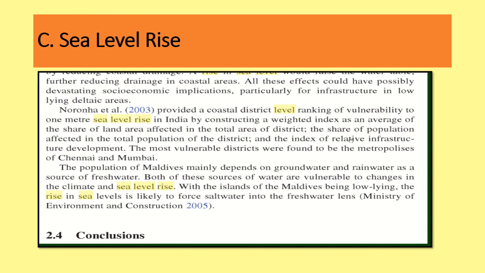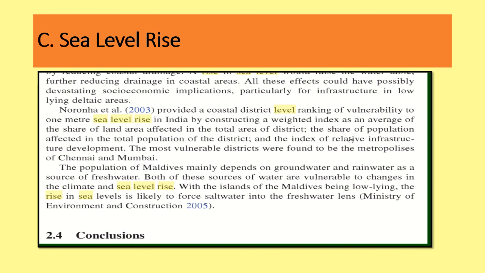With the islands of Maldives being low-lying, the rise of sea level is likely to force seawater into the freshwater lands. That will cause saltwater intrusion in the freshwater system, and that will destroy the freshwater storage. So, sea level rise not only increases the intensity of flood in the coastal region, not only destroys the drainage pattern in coastal or estuary regions, it also destroys the ecosystem, that is the mangrove forest ecosystem.